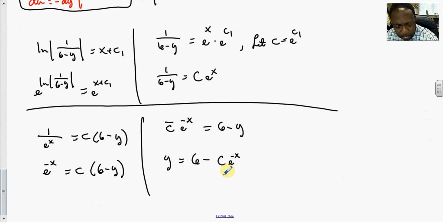So let's call that a hat and make them a hat like this. And then I flipped it here.